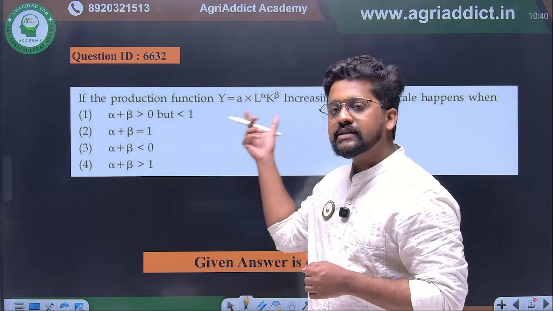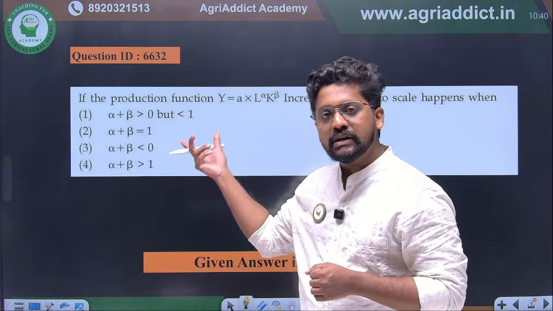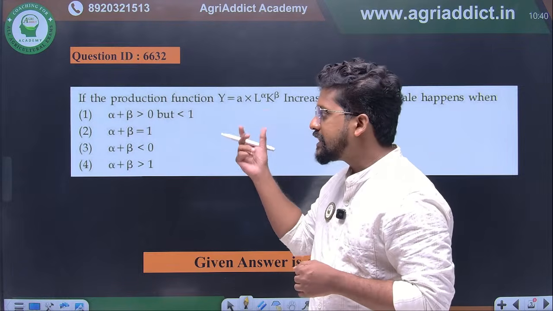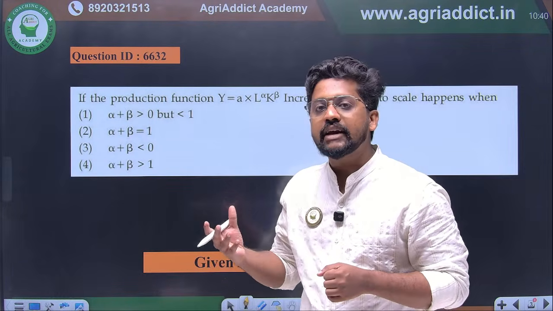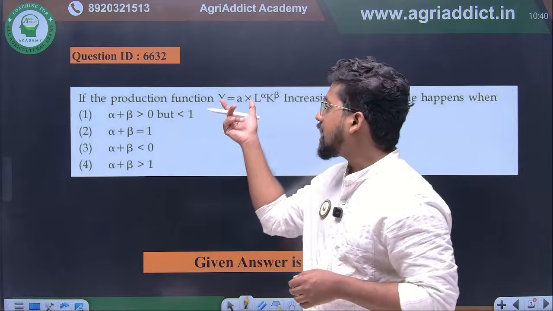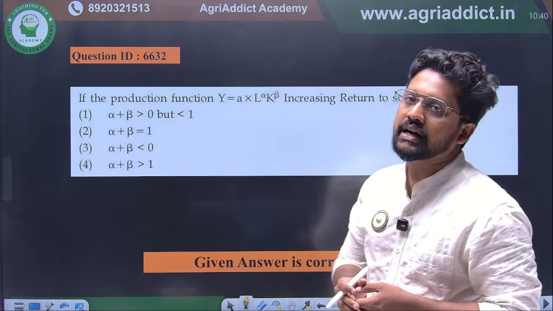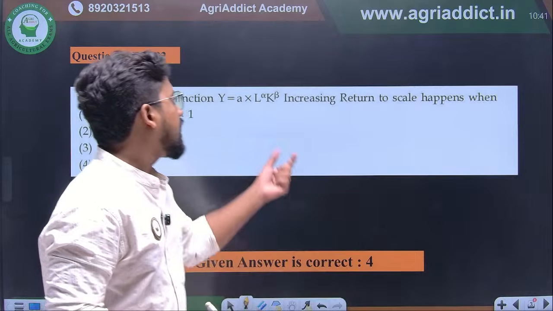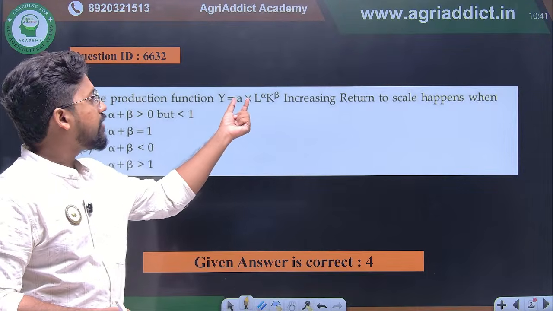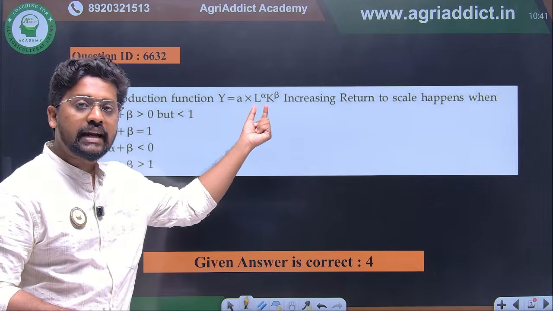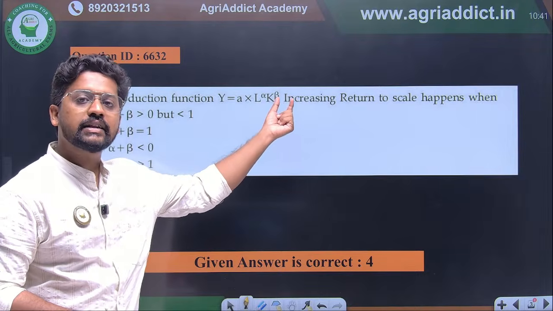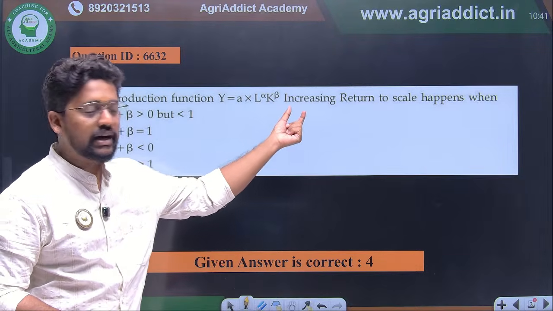It is popular because of its simplicity and because we can directly derive the returns to scale from the output elasticities. Based on the theory, alpha is the output elasticity with respect to labor, and beta is the output elasticity with respect to capital.